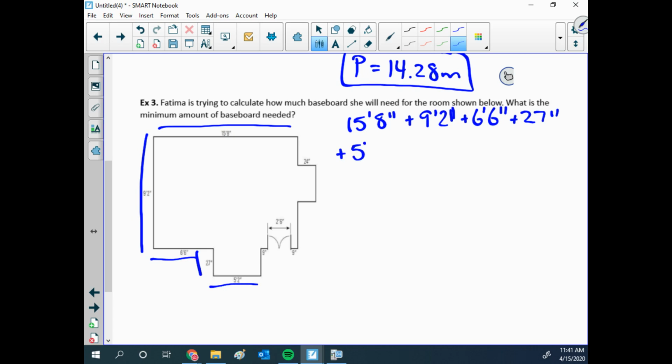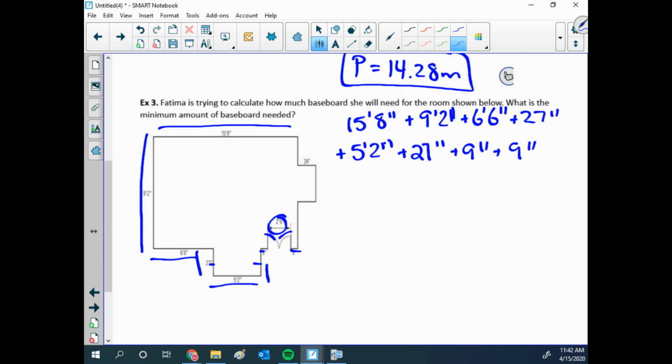Plus 5 feet 2 inches. They don't give me this length, but I'm going to assume that those are the same. So plus 27 inches. This small little area is plus 9 inches. I'm also going to assume that this is a door, so I don't need a baseboard or molding right around my door. So I'm not going to include this 2.6. Then I'll add another 9 inches.